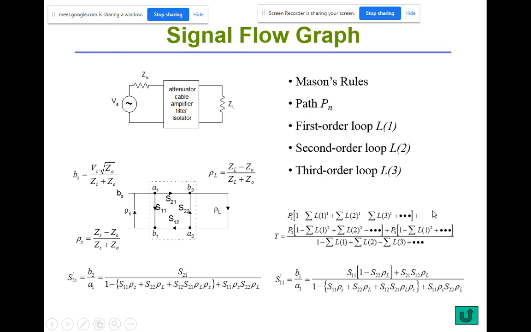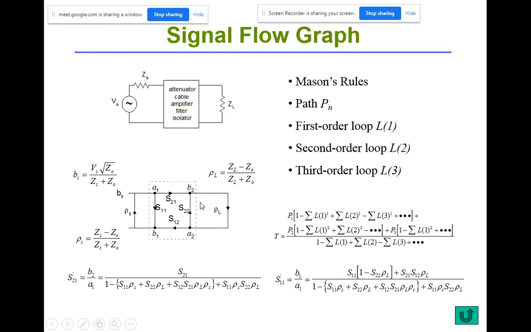Then I need to add the sum of second order loop. That means I take the product of any two loop gains that don't touch each other. So I have this loop and this loop that don't touch each other.